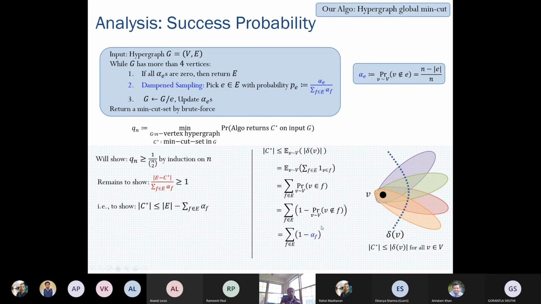But the probability of a uniform random vertex not being in the hyperedge is exactly the dampening factor of the hyperedge. Okay, that's how we define the dampening factor of a hyperedge. And this sum is exactly the number of hyperedges minus the sum of the dampening factors. So that is exactly the upper bound that we wanted to show on the min cut set C star. And that proves that the ratio is at least 1, which in turn proves that Qn is at least 1 over n choose 2.